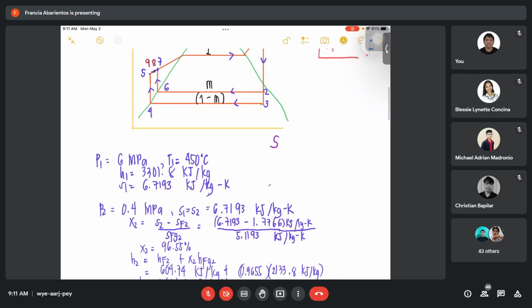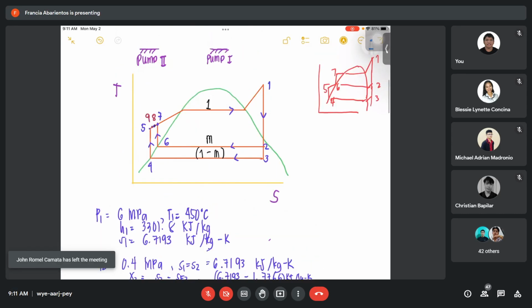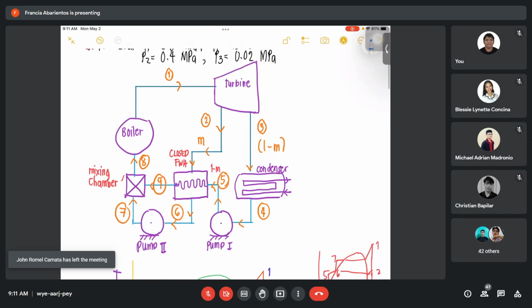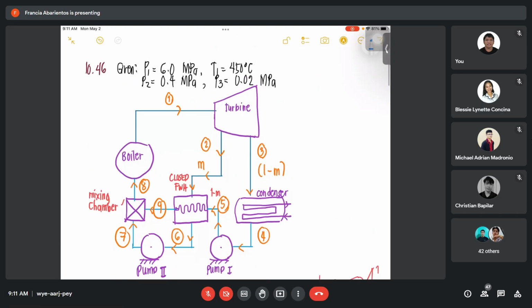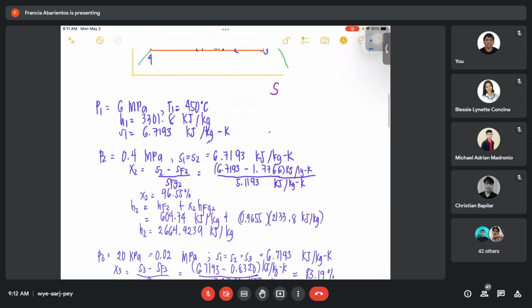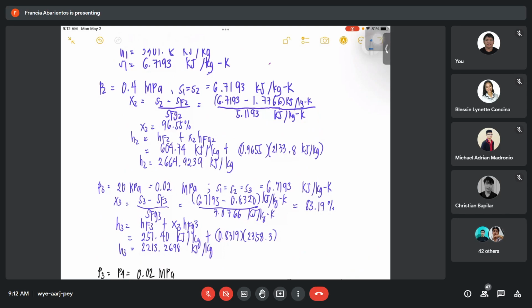After that, yung pa-point 3 class is a condenser. Babalikan nyo ito dito sa schematic diagram natin. Ano yung point 3 natin? Pa-condenser. Ayan. Since the pressure is given in 20 kilopascal in the problem, convert it into MPa.